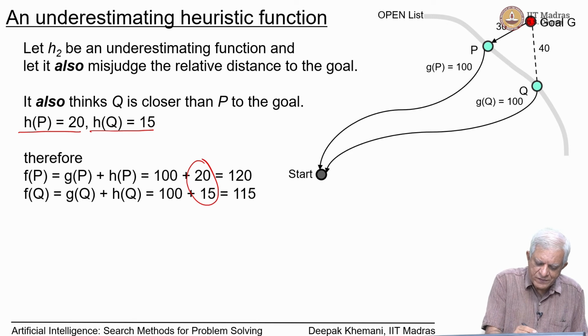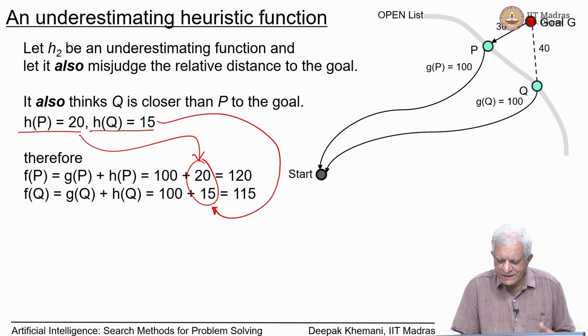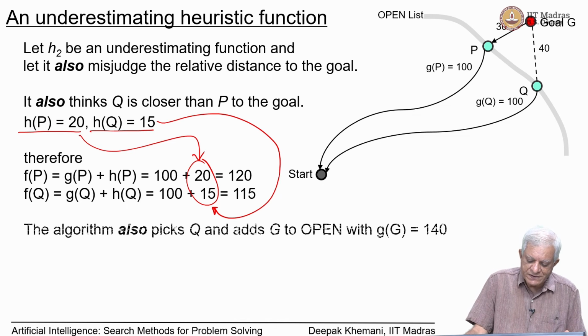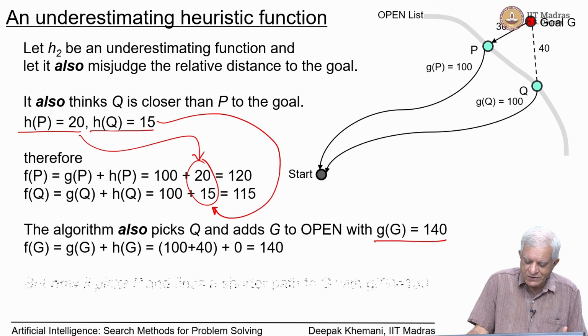This is according to the heuristic values that we have computed, which is an underestimating function. It thinks that q is closer to the goal, and it will pick q for expansion next. But what happens when it picks q for expansion? It will again find the same path of cost 140 to the goal.